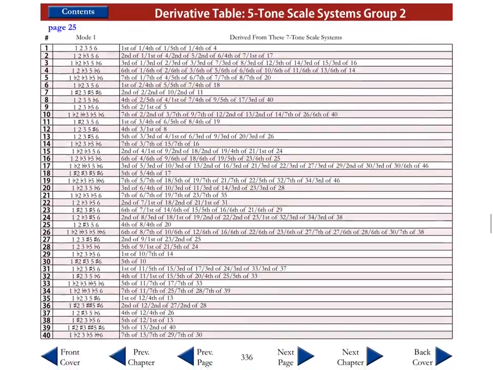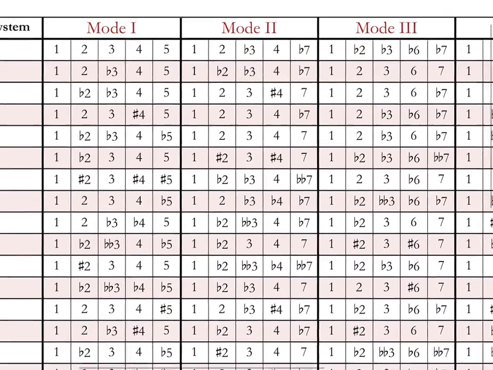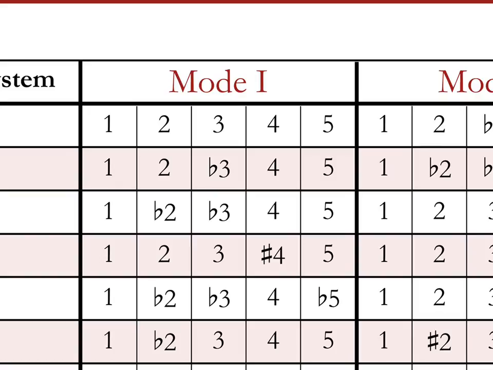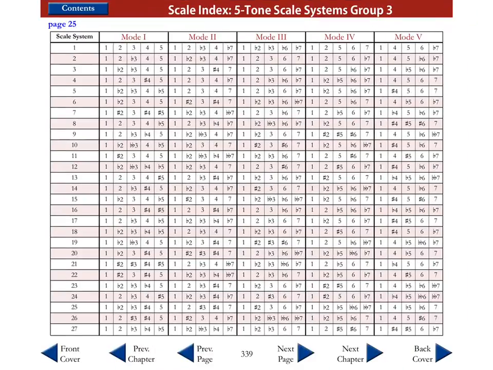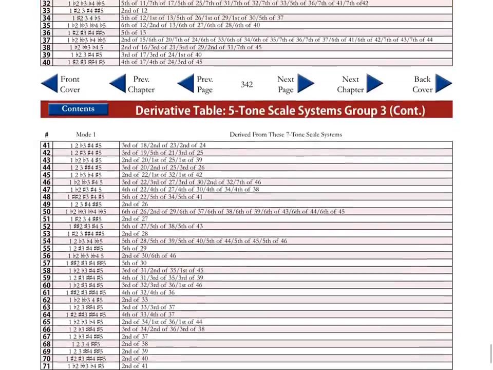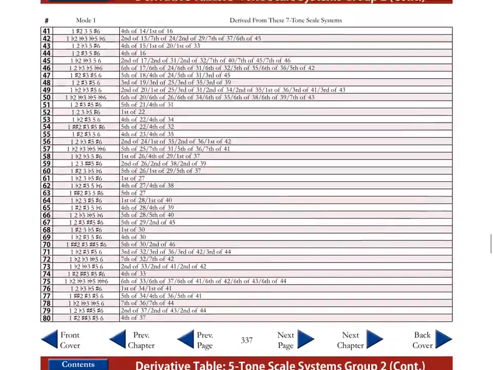And then in group 3, looking at the first mode, it'll omit the 6th and the 7th degree. Those are the 3 different types of groups that we have in 5-tone scale systems. And each group works exactly the same way for finding the 7-tone scale system it was derived from.